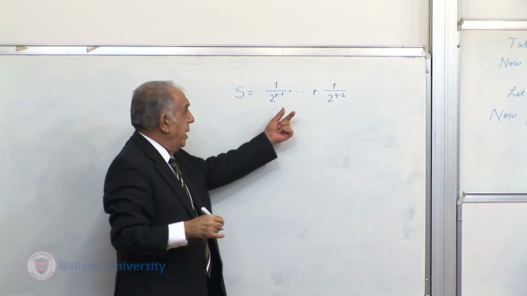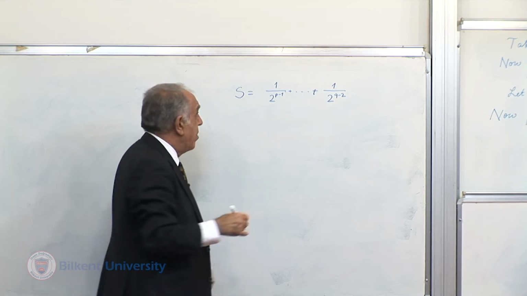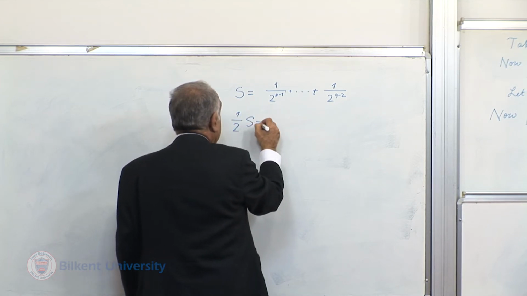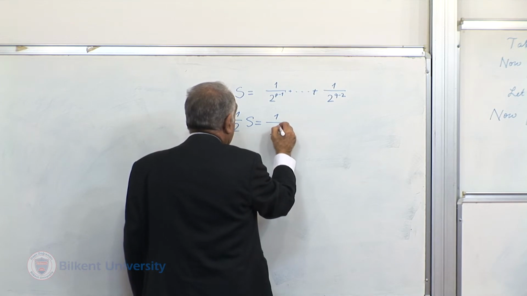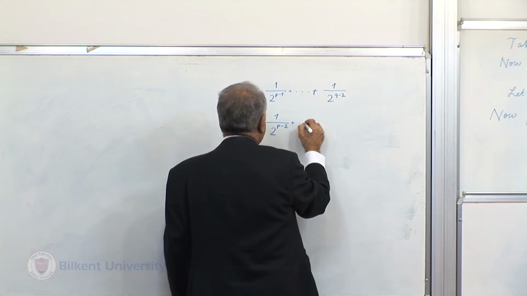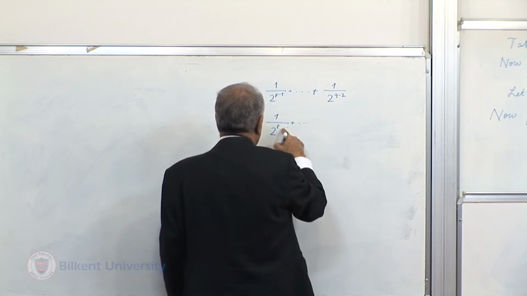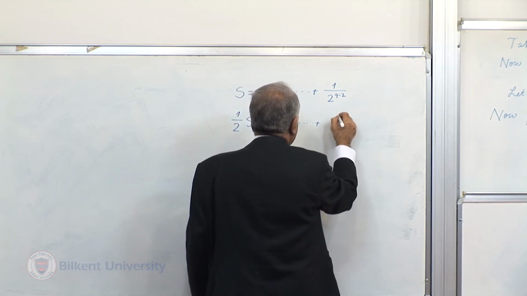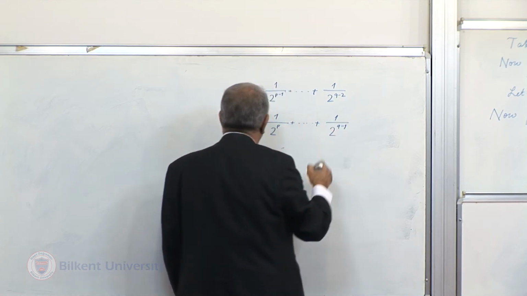Here the multiplier is 1/2. Each time I multiply by 1/2. So 1/2 S will be 1 over 2 to the power p, and then here 1 over 2 to the power q minus 1.